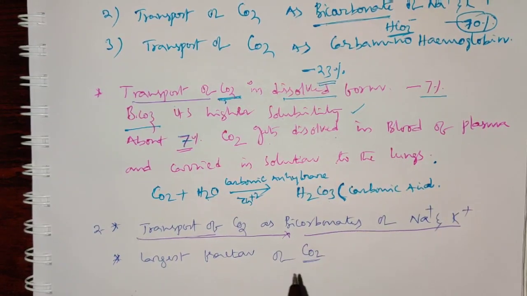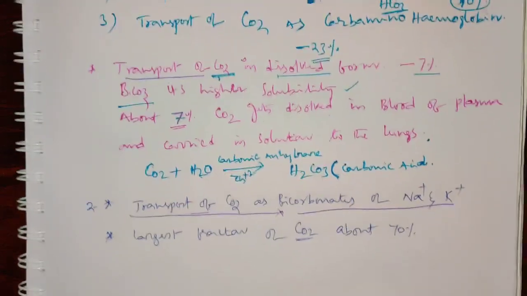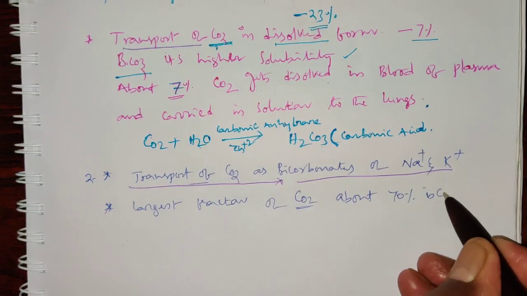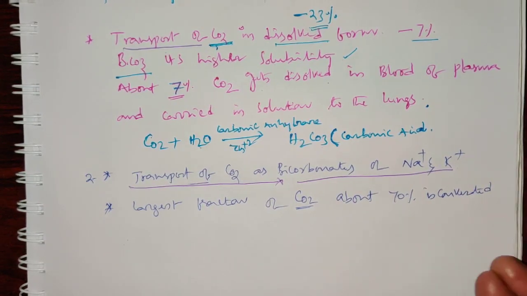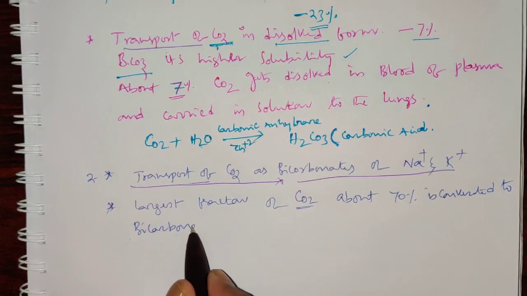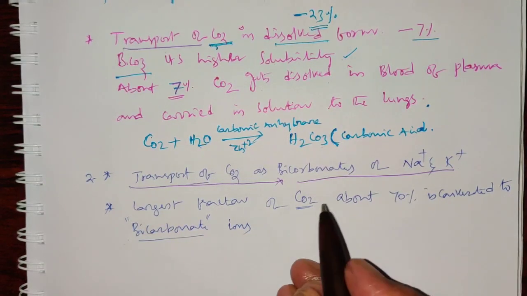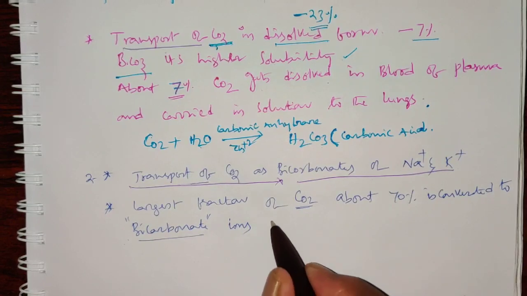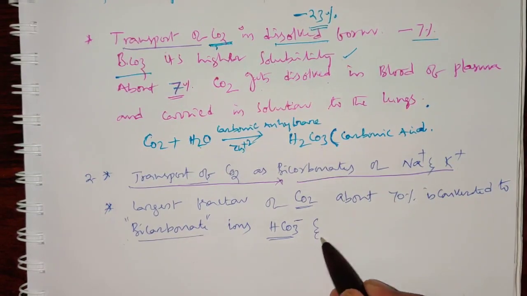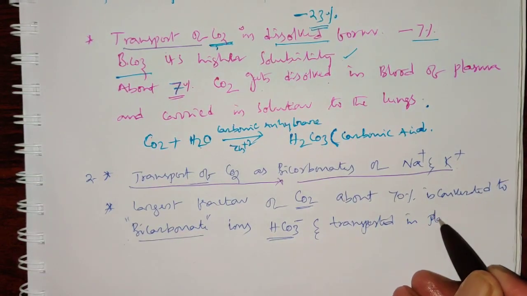About 70% of carbon dioxide is converted to bicarbonate ions, HCO3 minus, and transported in plasma.